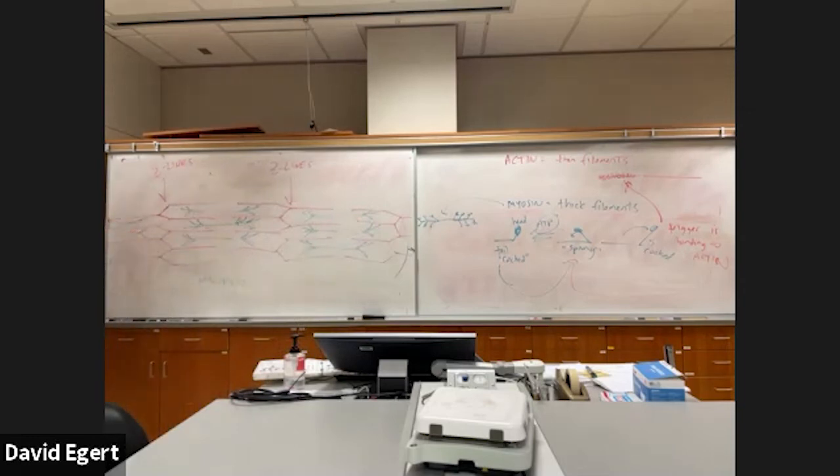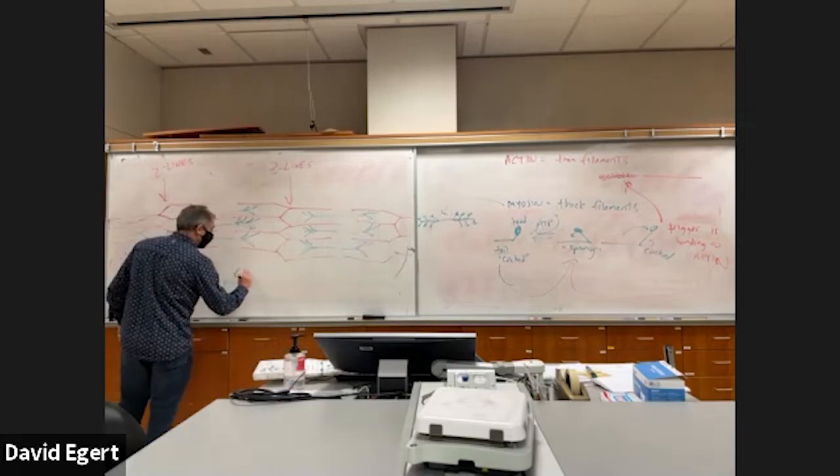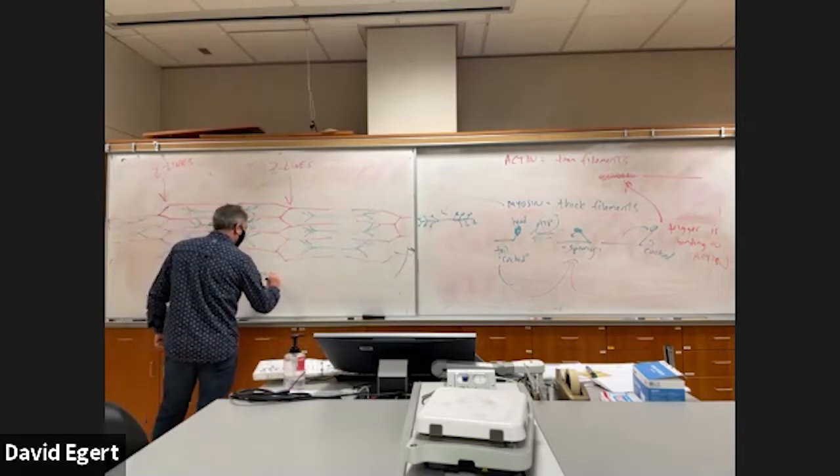So ad infinitum, up and down and in and out of the board. This is basically the repeating structure of skeletal muscle tissue, the structural and functional unit of skeletal muscle.